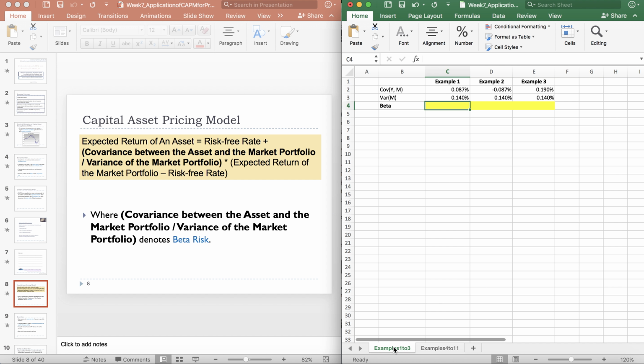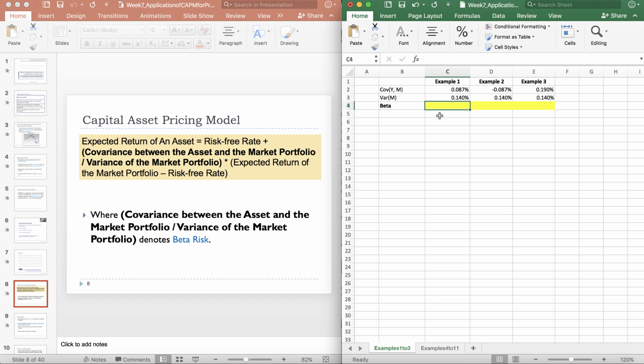First, we look at beta risk. By its definition, beta equals the covariance between the investment and the market portfolio divided by the variance of the market portfolio.